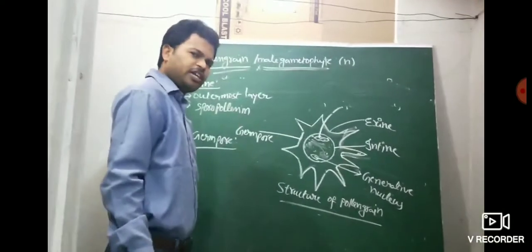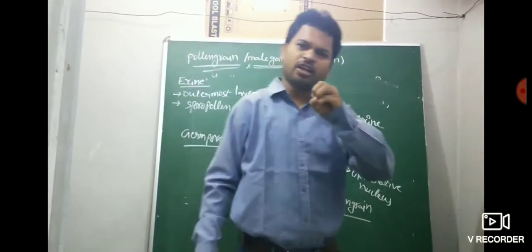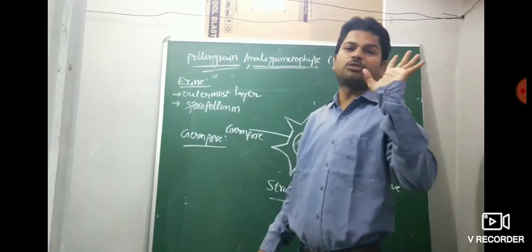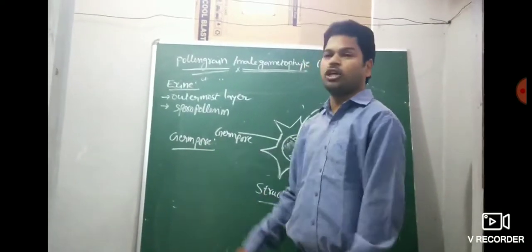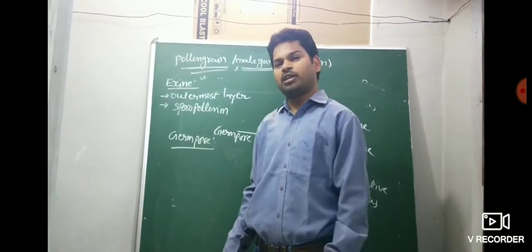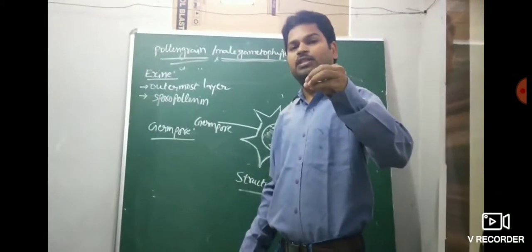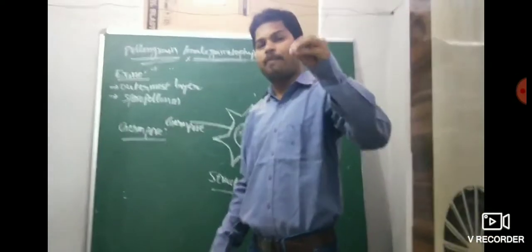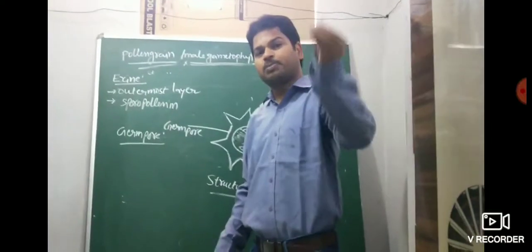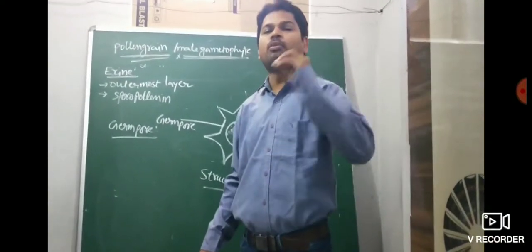So I repeat the point. Generally exine has sporopollenin, so it is very hard in nature. But in some places sporopollenin is absent. Where sporopollenin is absent, that place is called a germpore. Sometimes a question may come: proper apertures present in exine, where sporopollenin is present, are called germpores.